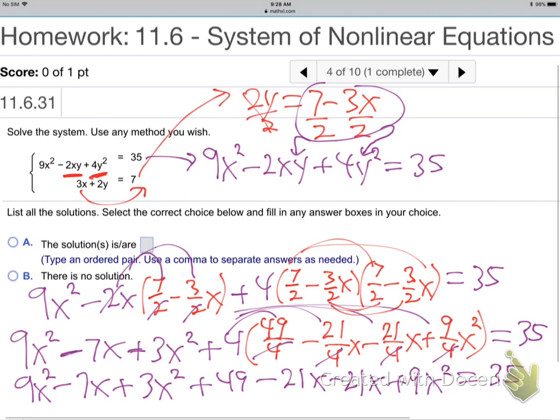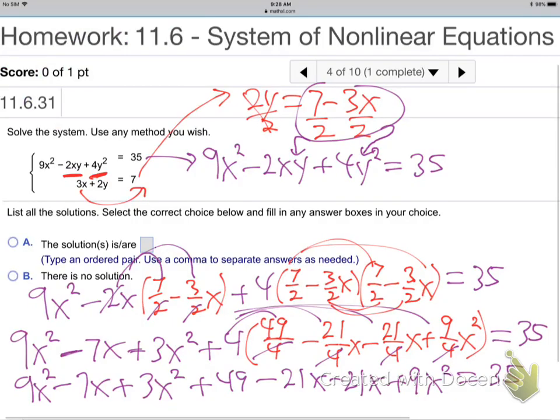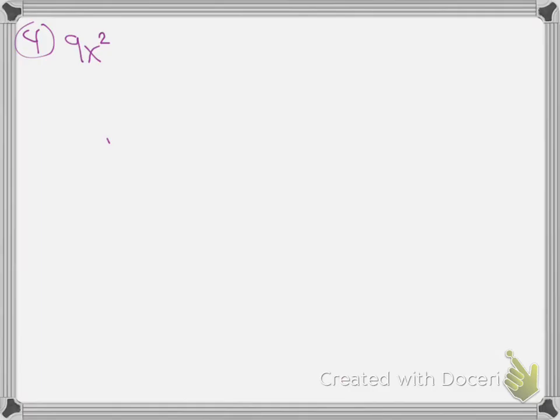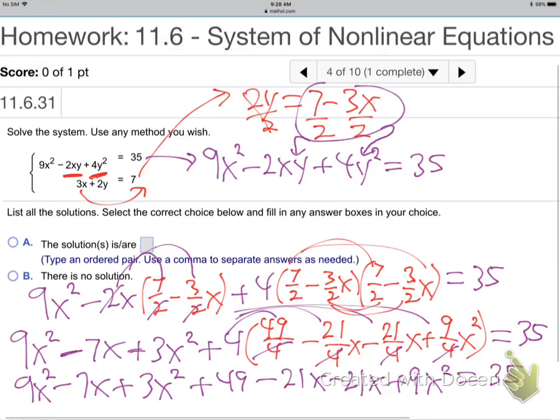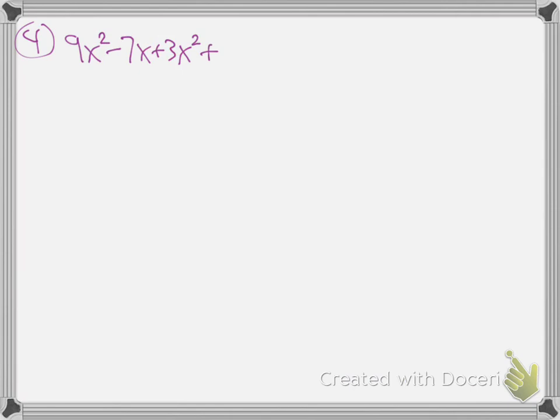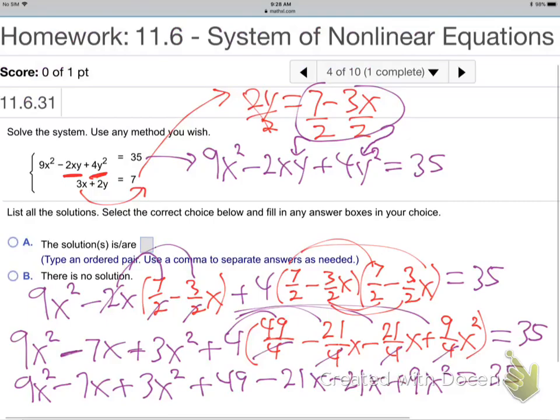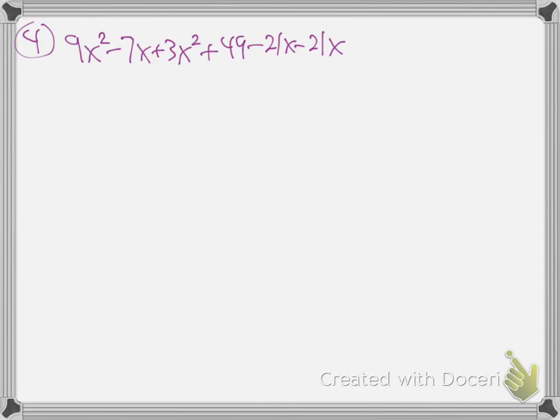Can I go to a fresh screen? Am I racing ahead of you? So we get, the question is number 4: 9x squared minus 7x plus 3x squared plus 49 minus 21x twice plus 9x squared equals 35.